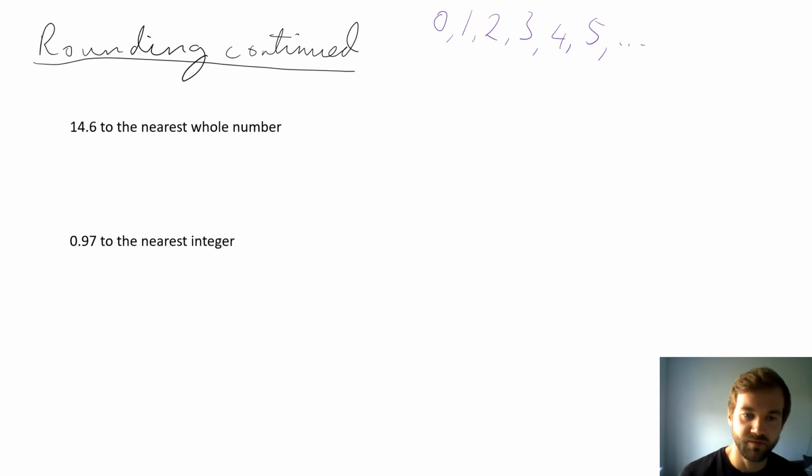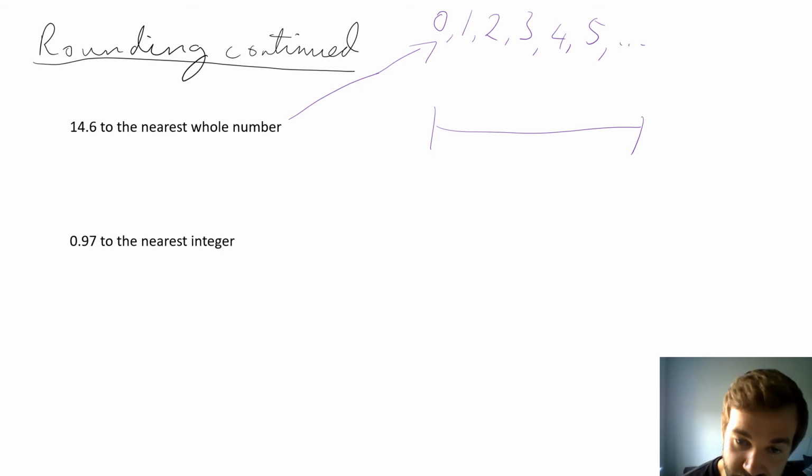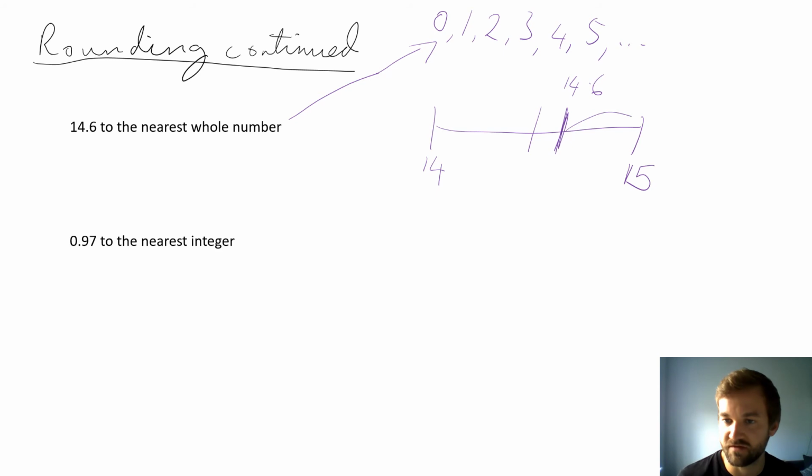We want the number that 14.6 is closest to from this list. Let's think about it as a diagram if you can't visualize it. 14.6 is between 14 and 15. 14.5 is in the middle, so 14.6 is about there. That's closest to 15, so it rounds to 15.